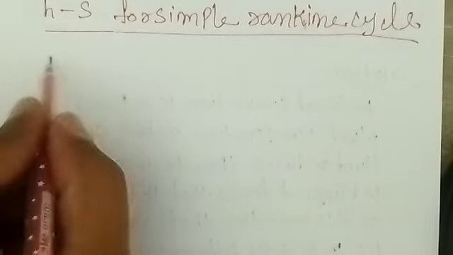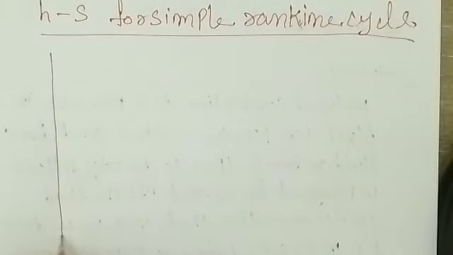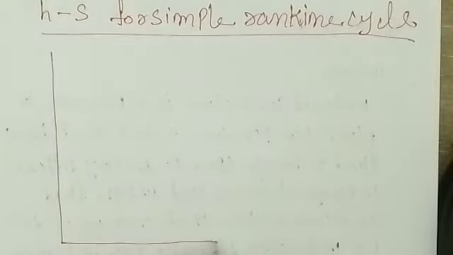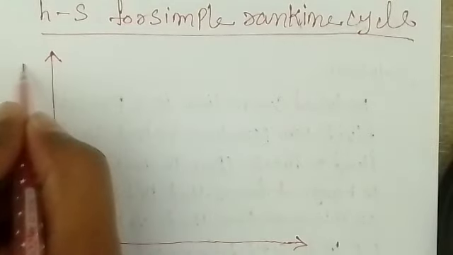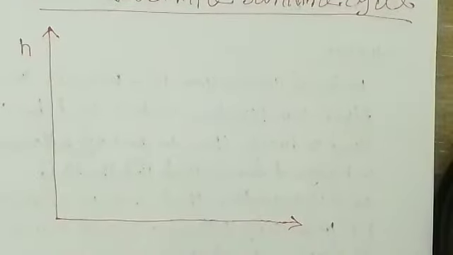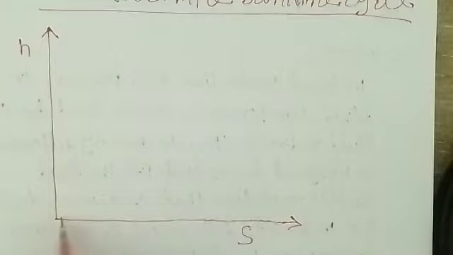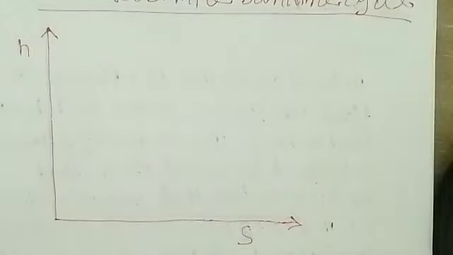So here we have enthalpy on the y-axis and entropy on the x-axis, right? This is our enthalpy, that is H, and this is our entropy, which is S. We need to draw the dome line. So its dome line will be like this.